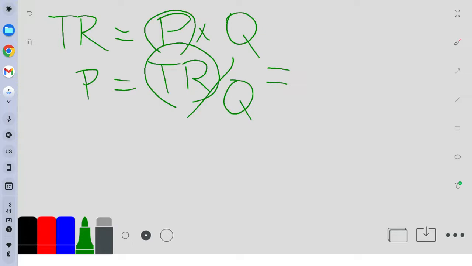Come on, guys, you know this. In basically any context, if you divide total by quantity, then that is called, anyone? It's average, isn't it? Total divided by quantity is average. Isn't that right?